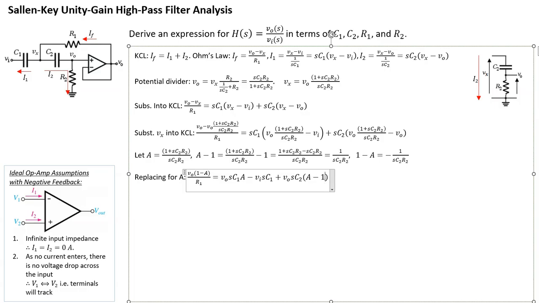Now I can replace the A with the original terms that I had replaced it with earlier. So the equation is going to look like this.